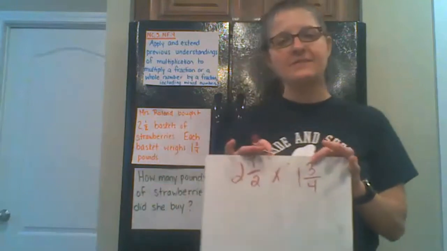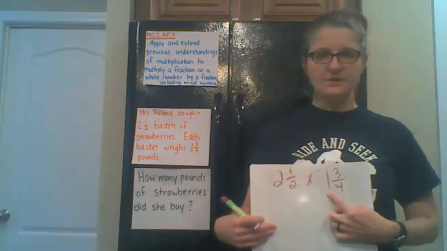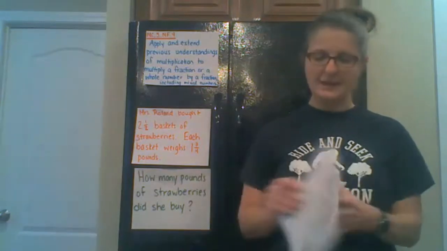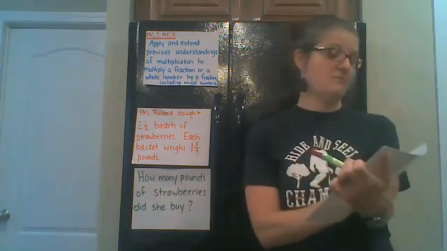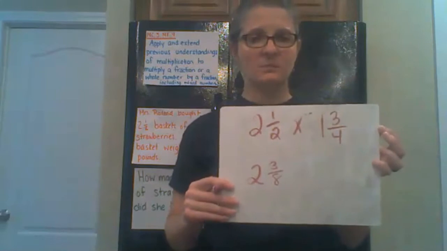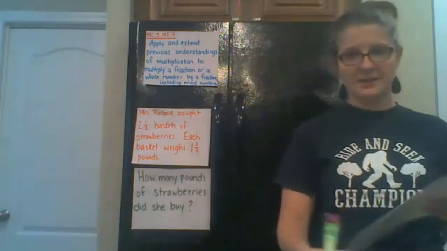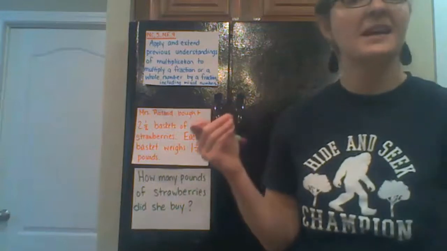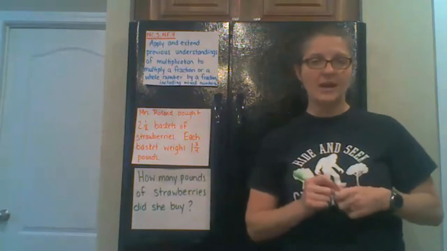And what I see 5th graders do sometimes is they'll multiply the whole numbers and get 2. They'll multiply the fractions and get 3/8 and say that's the answer, okay? So that's why we are working on modeling this today, because I want it to get in your head that that is not a strategy that we can use, okay?